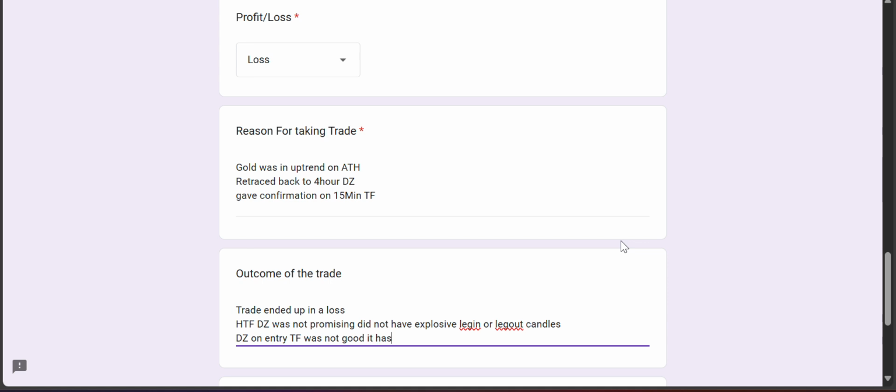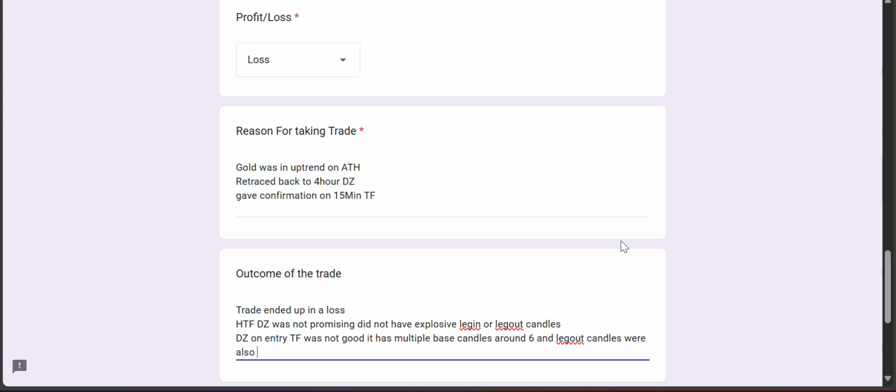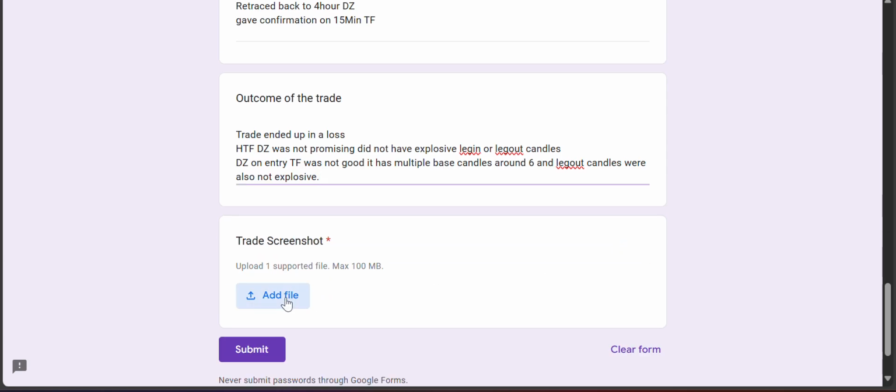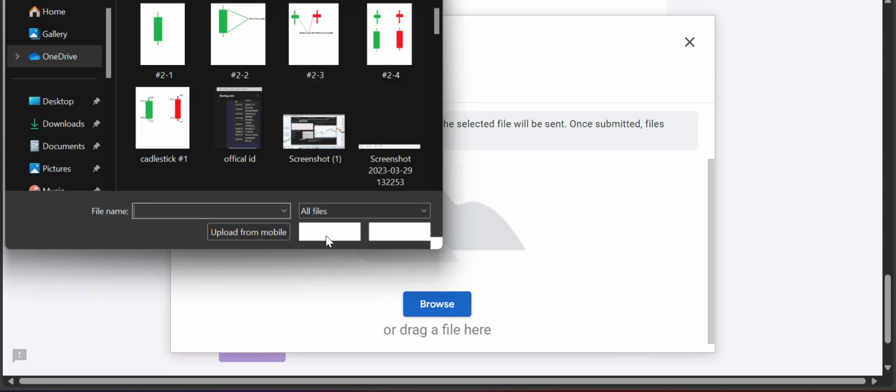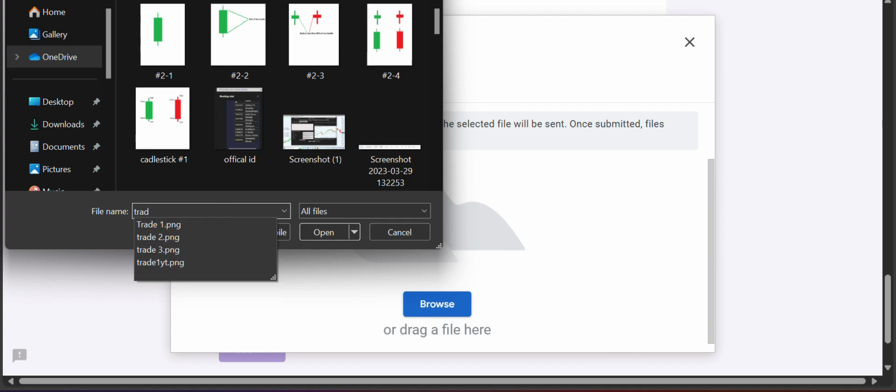It had multiple base candles, around 6, and leg out candles were also not explosive. I should add a screenshot. Trade 3.